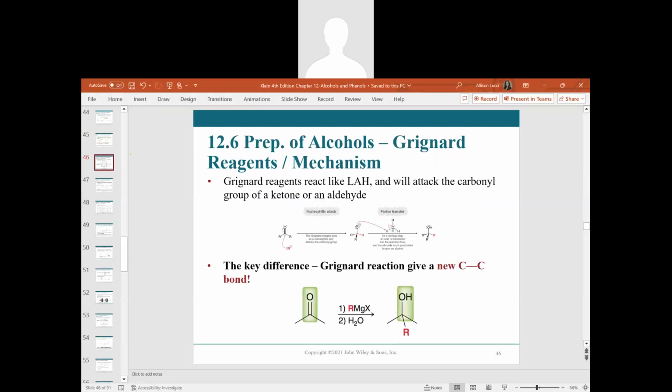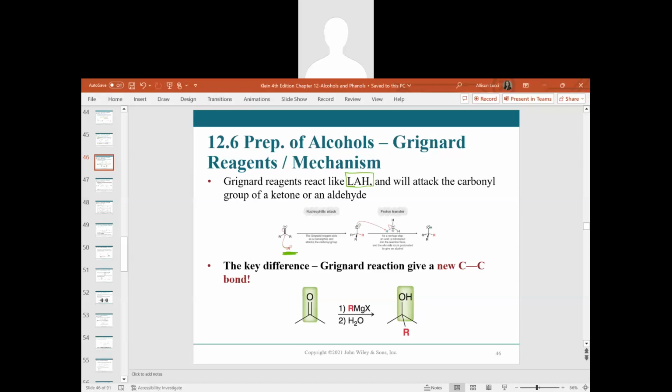Let's take a look at our mechanism here. Similar to lithium aluminum hydride, our Grignard reagent, specifically the carbon in that carbanion-like situation, will attack the carbonyl in this nucleophilic attack.